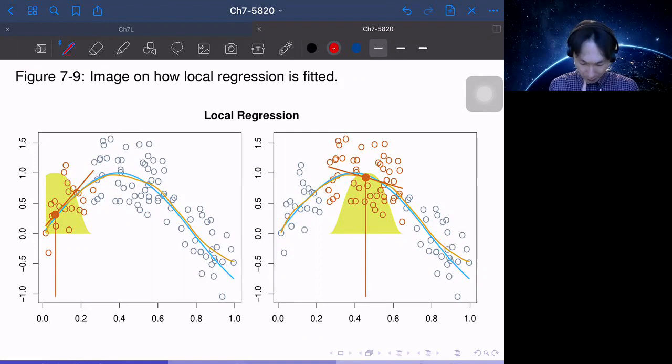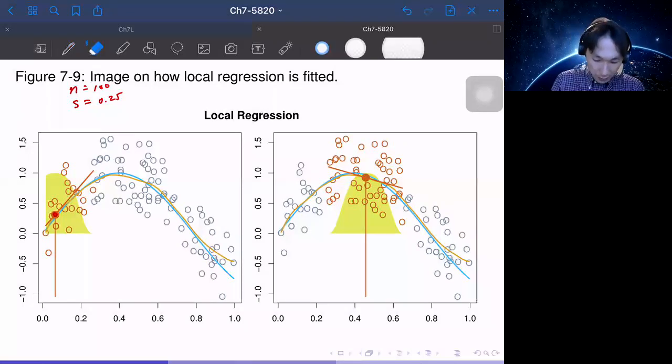It looks maybe 100. And maybe n is equal to 100 and s is equal to 0.25. If we pick this point, then we choose the 25 closest observations. Maybe 10 observations? Yeah, it looks like 10, sorry. So maybe n is equal to 100 and s is equal to 0.2.